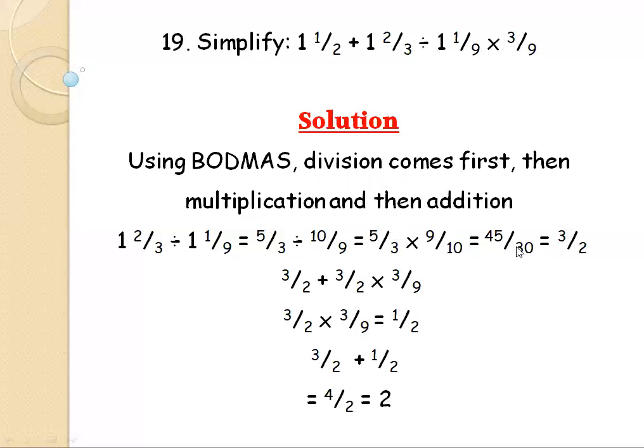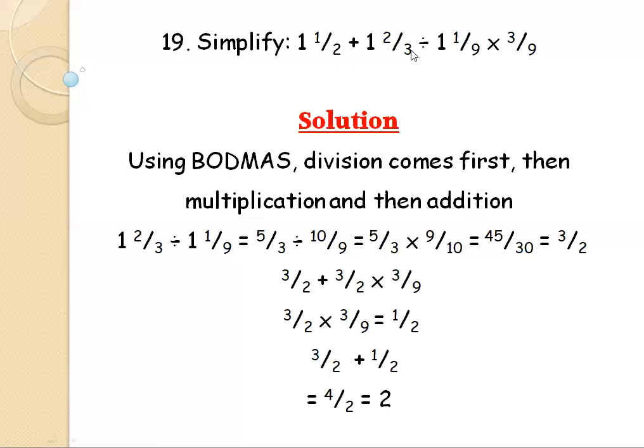Can I divide this further? Yes. 15 can go in 30 2 times, and 15 can go in 45 3 times. So I'm left with 3 over 2.